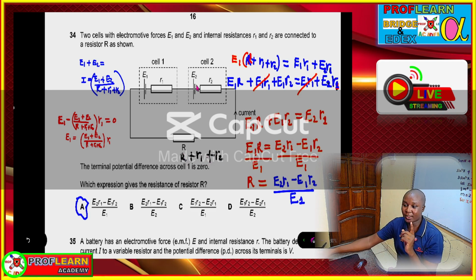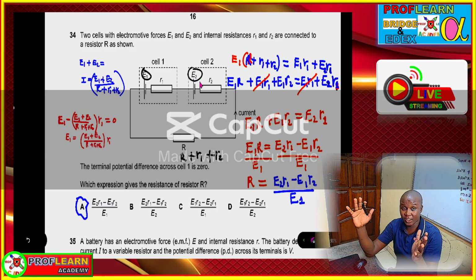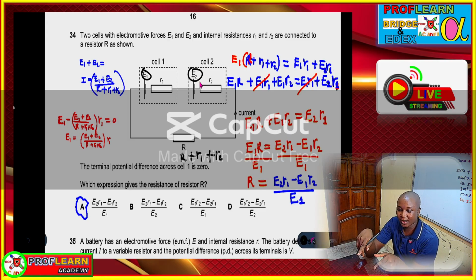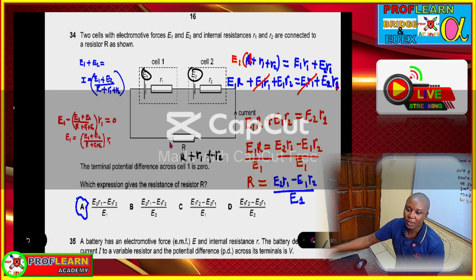So the total current that is going to flow through the circuit: we add the EMF of this and the EMF of this to give us the total EMF in the circuit, and we also have the total resistance. So the total current flowing is (E1 plus E2) over the resistance that we got there.